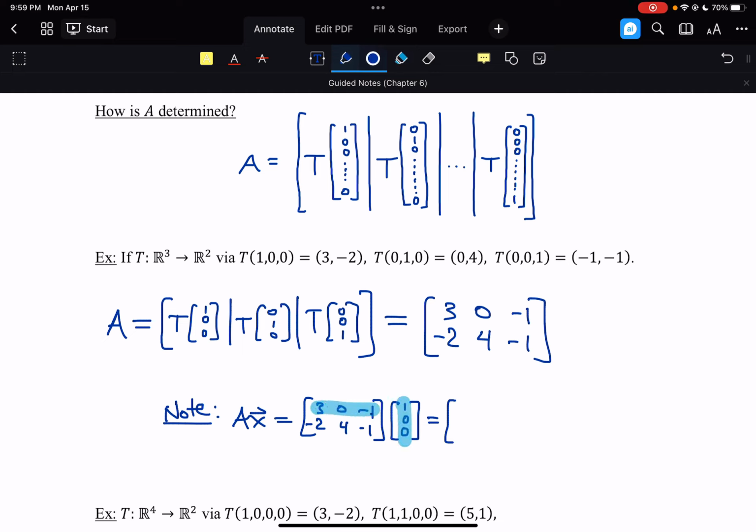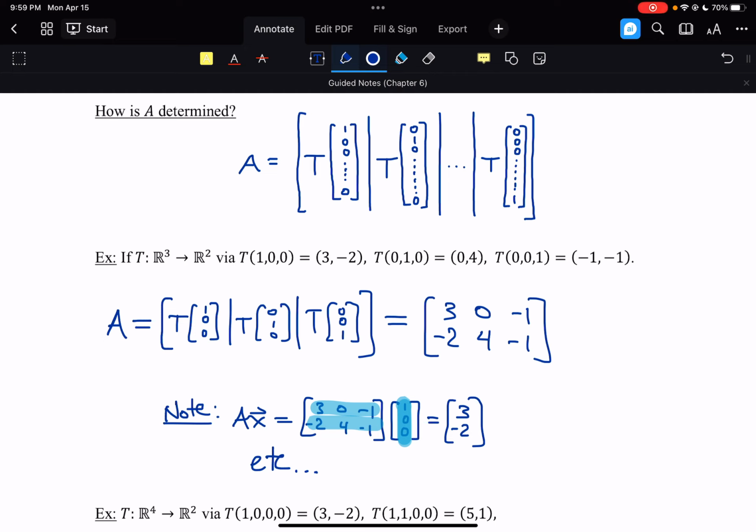That'd be 3, 0, 0. And then go row with column, so that's negative 2 with 0 and 0. And that, of course, was the vector that we saw in the transformation. And it works the same way for the others as well.